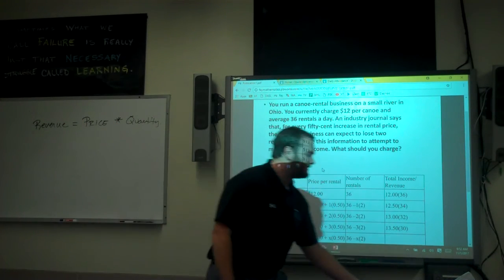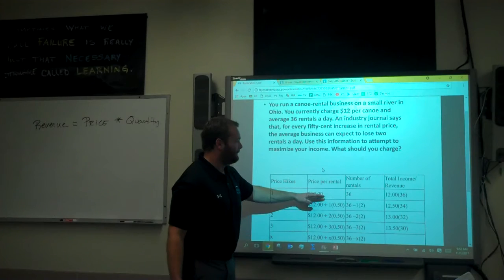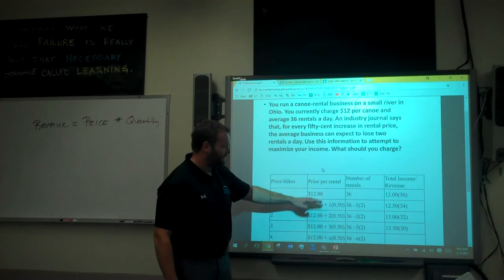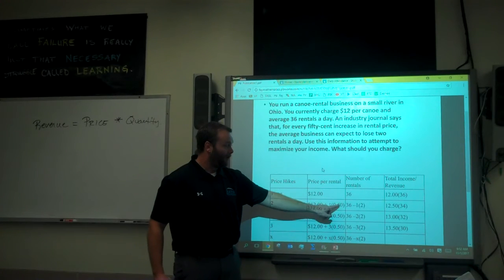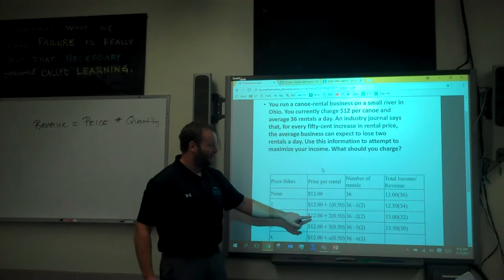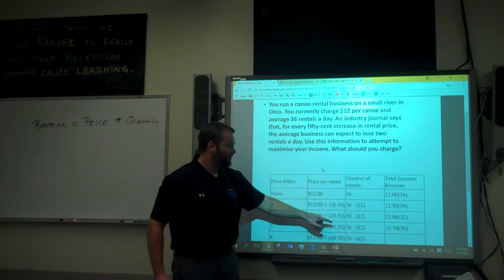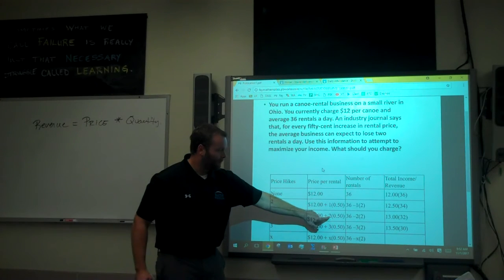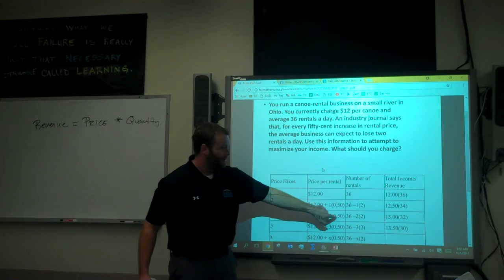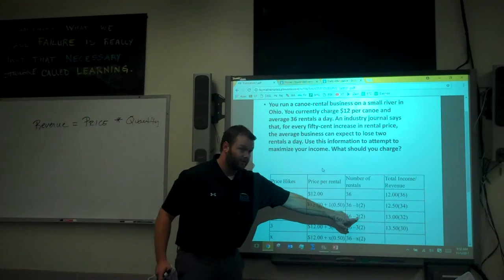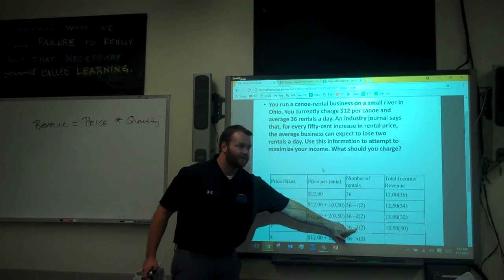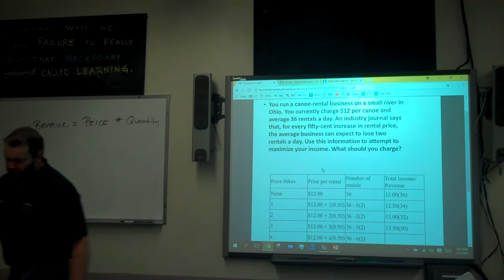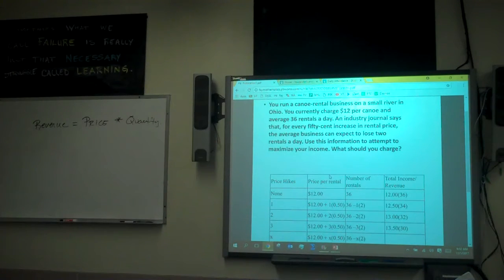What I recognize here is kind of a pattern. This is price. So if I go 12 plus 1 times 50, so a 50-cent price increase, I'm going to lose 2 customers. Here, if I go 2 price increases, so $1, I'm going to lose 4 customers, right? 2 times 2. Here I go 3 price increases, I lose 6 customers. So the way I set this up in a chart is for us to hopefully recognize a pattern.